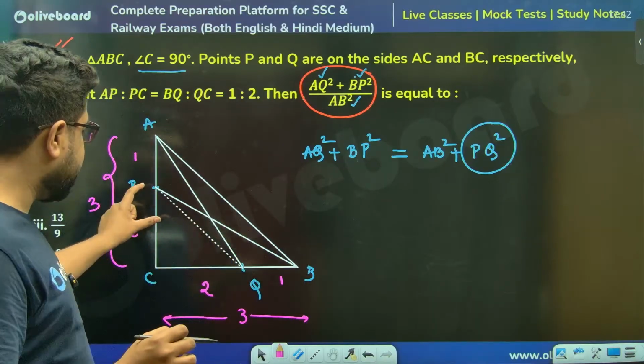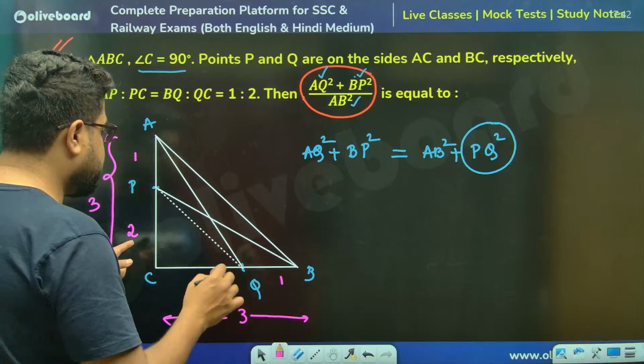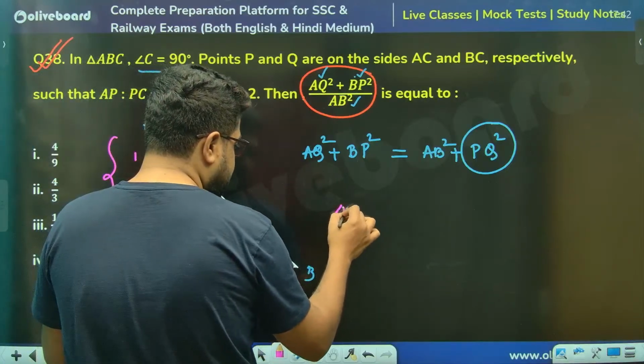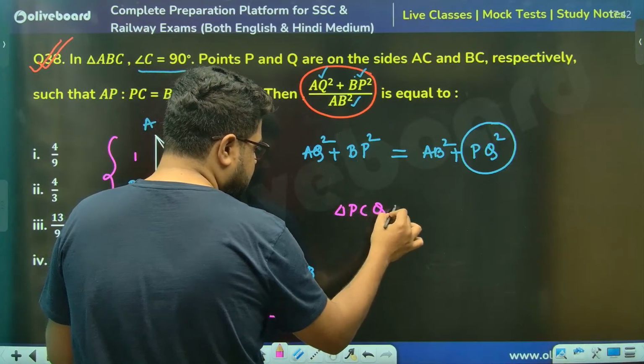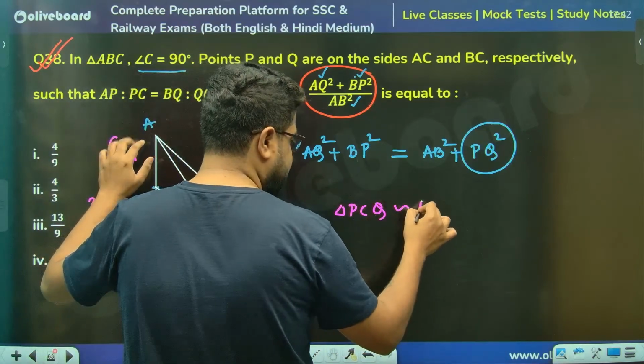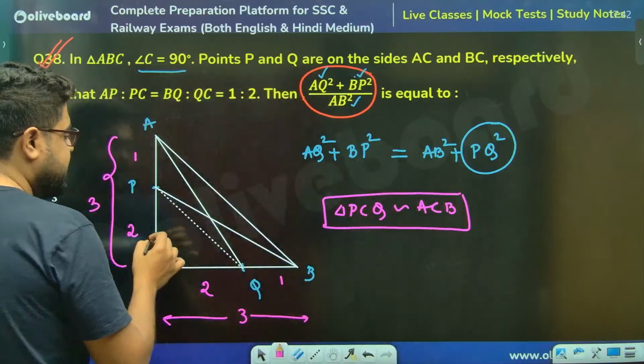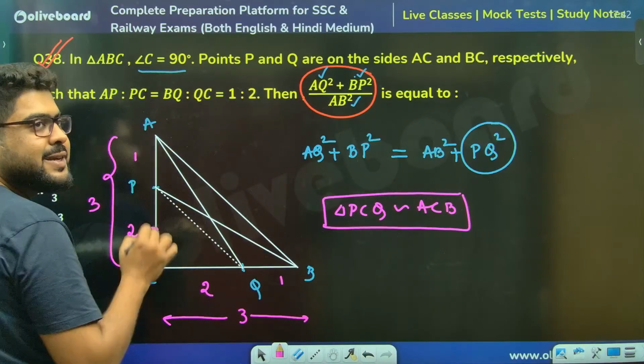So the smaller triangle is PCQ. Please understand. From there, triangle PCQ is similar to the bigger triangle ACB. That means this is 2, the whole is 3.